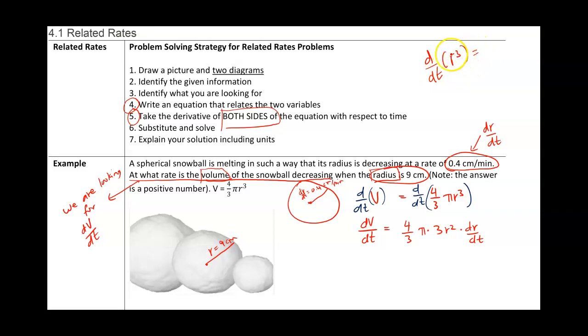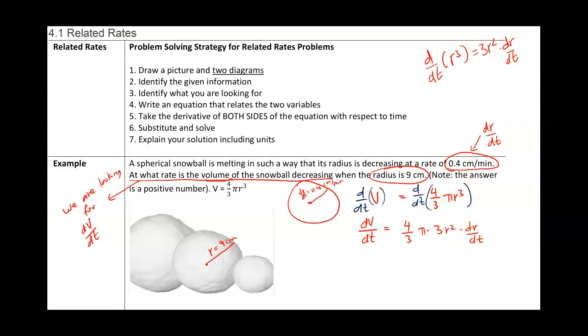If you differentiate this, we get 3r squared, but we have an r term with respect to time, so we get a dr/dt. That's where the 3r squared dr/dt comes from when we differentiate the r cubed.